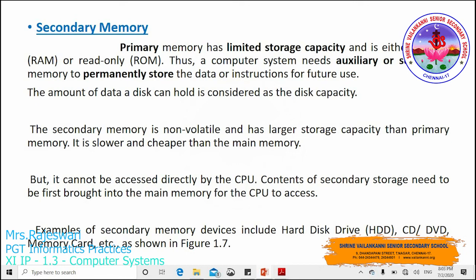If you take a DVD, starting from 4.5 GB to 8.5 GB disk capacity is available. If you consider a hard disk drive, starting from 1 GB till several terabytes, hard disks are available now. And you can even consider the USB drive.